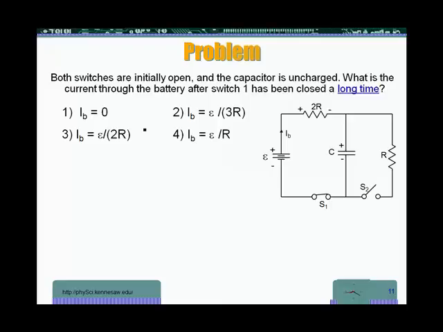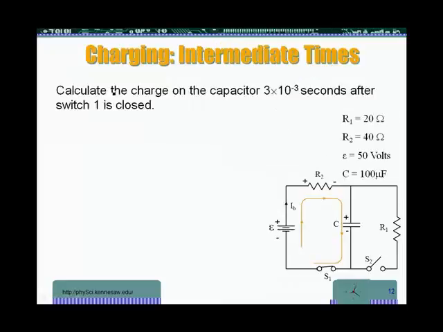Now the question is, what is the current through the battery after the switch had been closed for a long time? Okay. Again, remember this part is irrelevant. Capacitor is fully charged, no more current. Now in this case, we are trying to find the charge 3 × 10⁻³ seconds after the switch is closed.